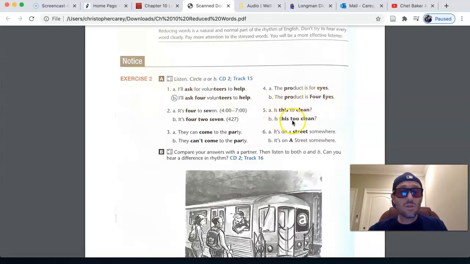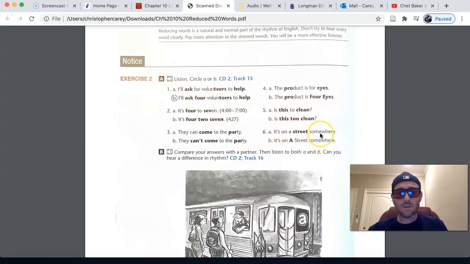Is this too clean? B for number 5, instead of is this too clean? Reduced because it's a function word, just like in number 2, part A. All right, last one.